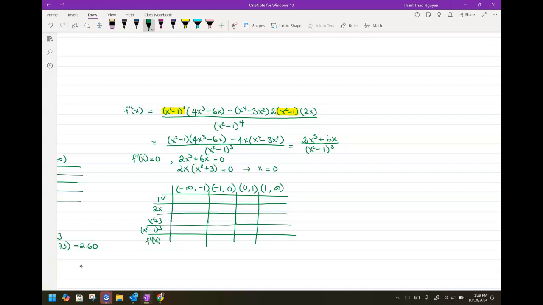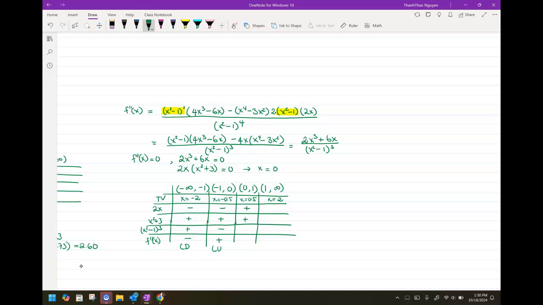We use test values x equal negative 2, x equal negative 0.5, x equal 0.5, and x equal 2. So here we get a negative, which means the graph is concave down. Negative, positive, negative, positive. So now we have a concave up.